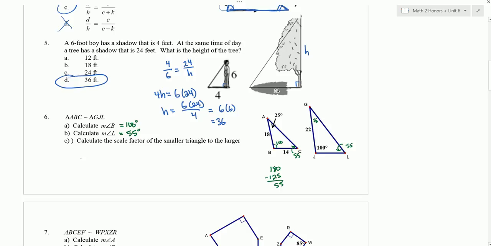And so the scale factor, what do we multiply 18 by? So I'll call that X for our scale factor to get 22. And so I'm going to divide 22 by 18, or we could reduce that, cut them in half, we get 11/9 is our scale factor from smaller to larger.